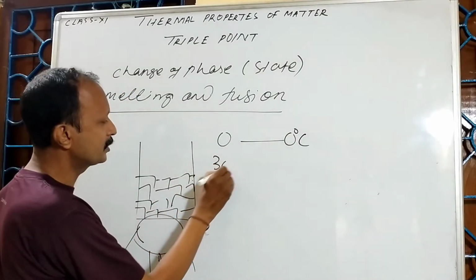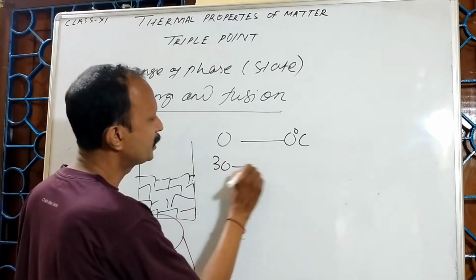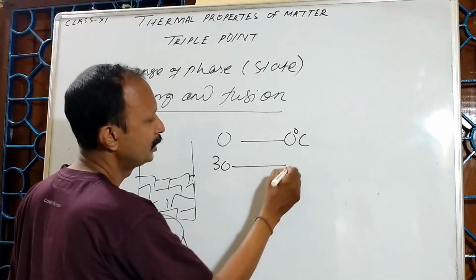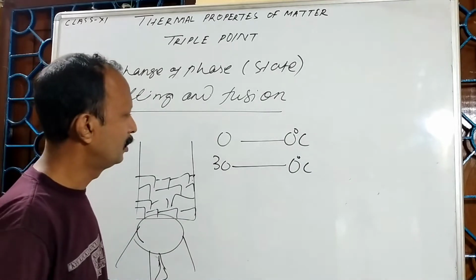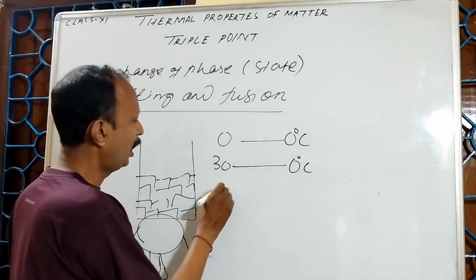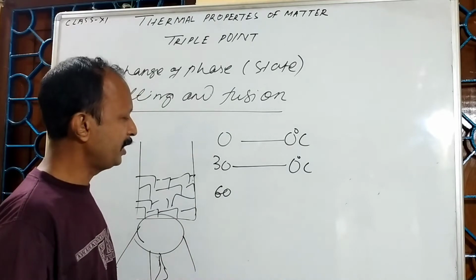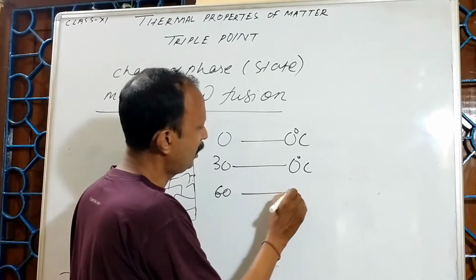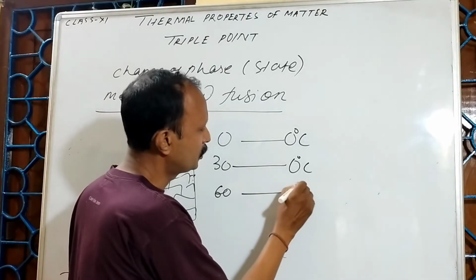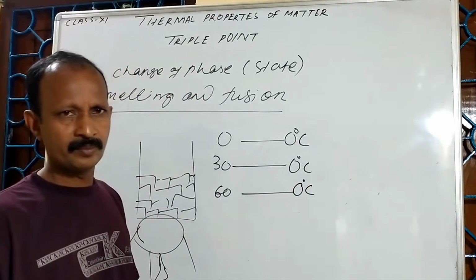After 30 seconds, you found that its temperature is also 0 degrees Celsius. Again, after a regular interval, you check the temperature. For example, you got it is 0 degrees Celsius.